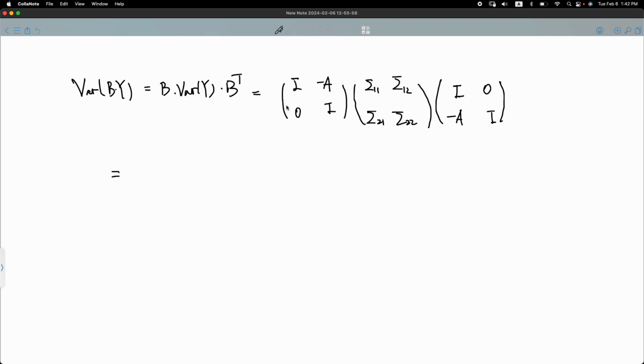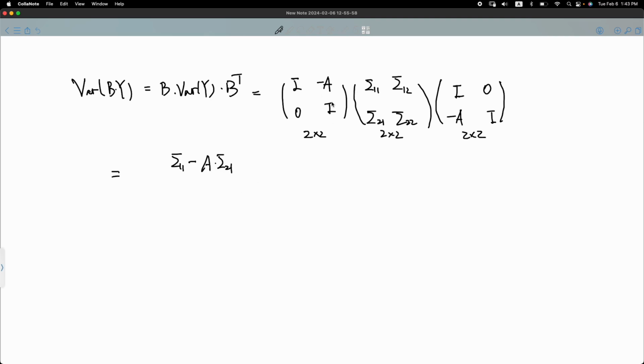So we have sigma 1 1 multiplied by identity, minus A multiplied by sigma 2 1. That's the first element in the column. Here I'm referring to the block 2 by 2, 2 by 2, and 2 by 2, so you should also have a 2 by 2 for the first two multiplication.